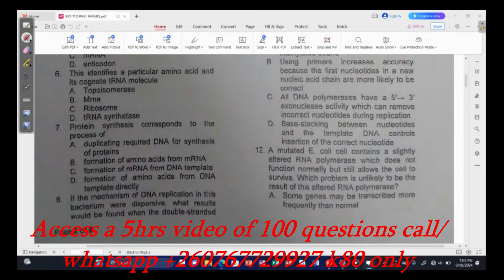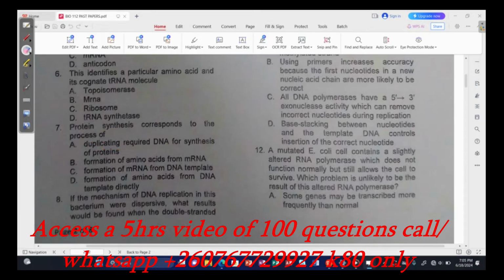So we're still dealing with translation. Protein synthesis corresponds to the process of duplicating required DNA for synthesis of proteins. So no. During translation there is no duplicating of DNA. So it's a false statement.